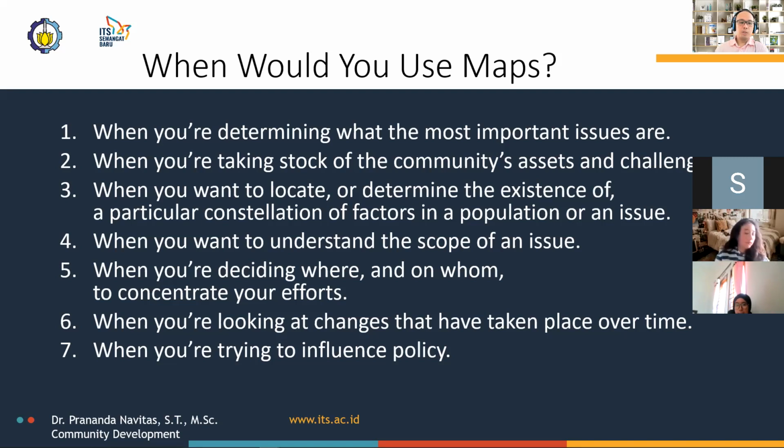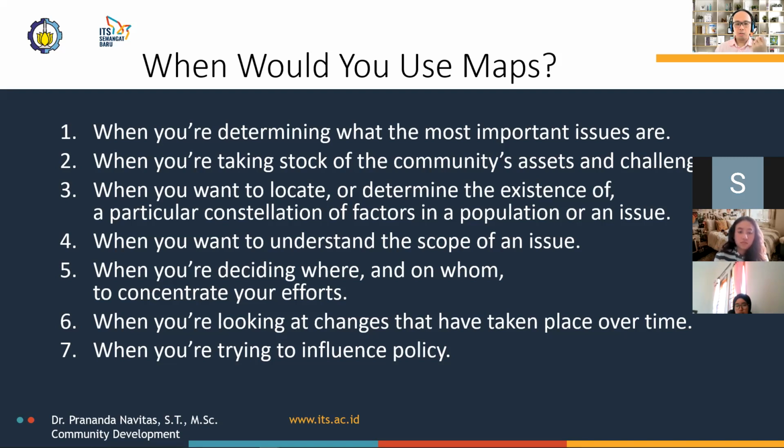First of all, when you're determining what the most important issues are. Maps can show the extent and the intensity of issues or conditions in the community. And sometimes they can also give clues as to how to address them. A little bit more on that later.